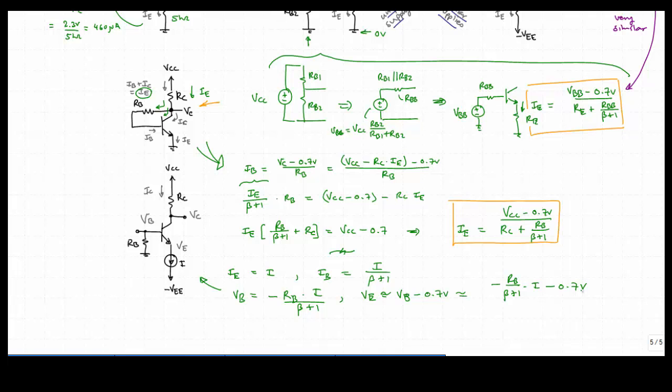So that will situate our voltage VE, and then lastly VC is just going to be our VCC minus RC times alpha times I. And that's really all there is to that constant current biasing arrangement.